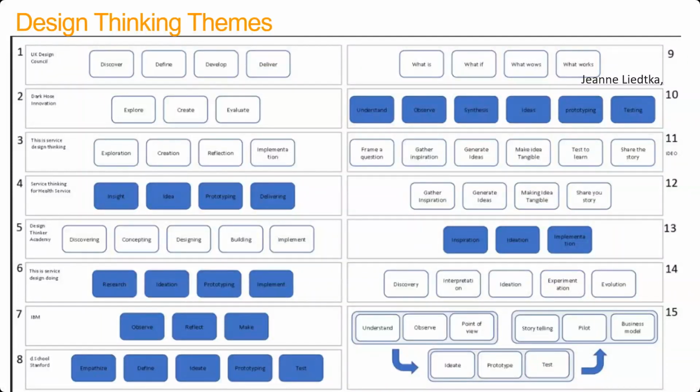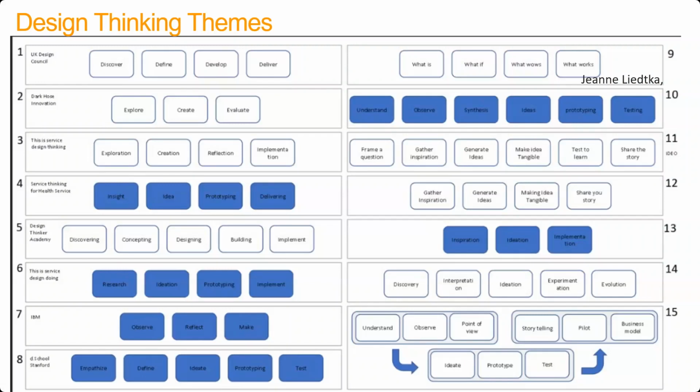What if I solve it this way? What wows and what works? What wows is something impressive, a wow factor, but it's not always the case that when I do something with a wow factor, it works. But if you look at number 8 below, it is empathize, which is the d.school from Stanford: empathize, define, ideate, prototype, and test. Some of them, like IBM or other consulting companies, are focusing on the process.